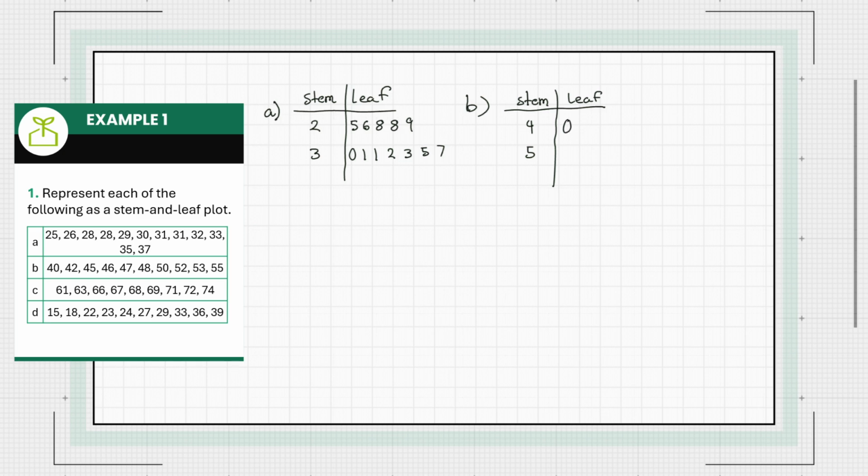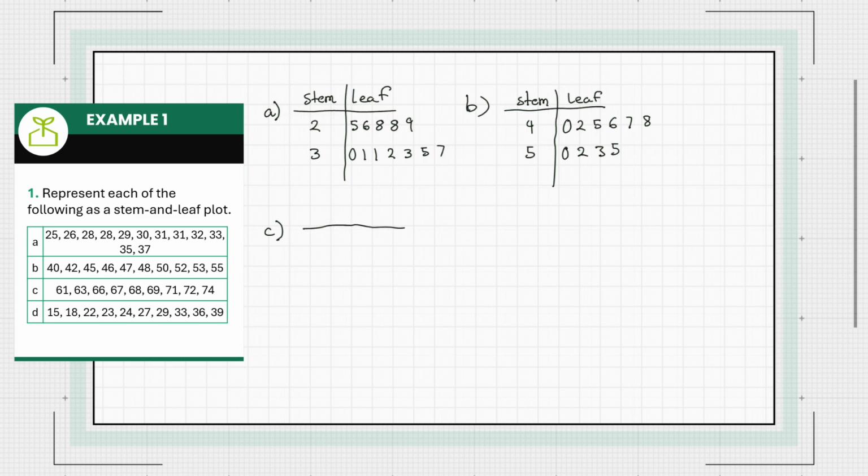So first we have 40, then 42, 45, 46, 47, and 48. And for the 50s we have 50, 52, 53, and 55. Alright, let's look at C.